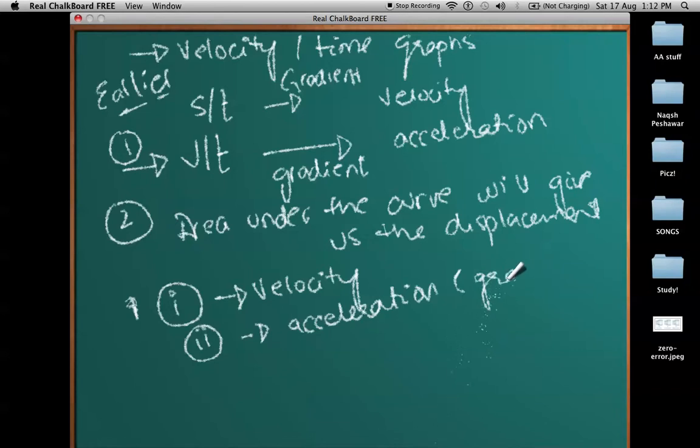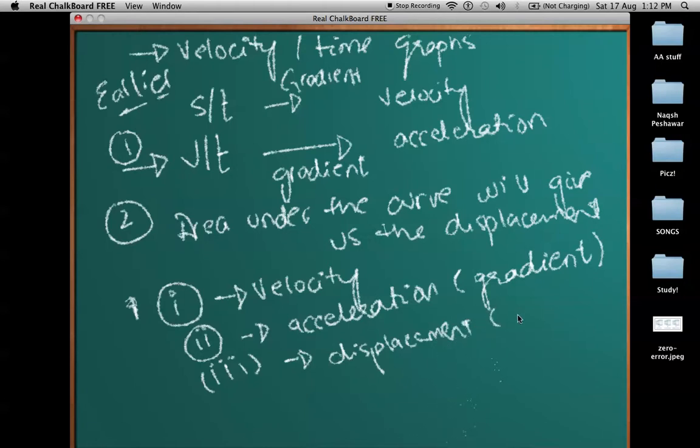The third thing would be the displacement by finding the area under the curve. I'll tell you how to find the area under the curve in the next example. So we can find all three things from a velocity time graph. Let's see how we do this.